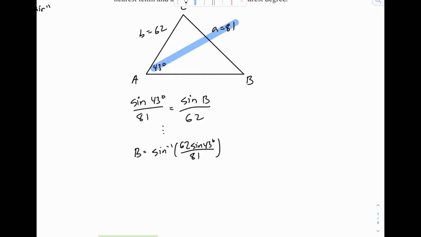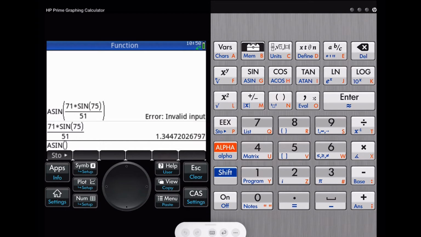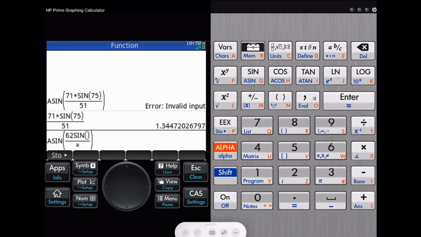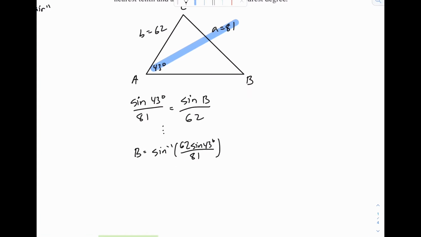Okay, now you type this in your calculator. So let's try that. Sine inverse of 62 sine 43 over 81, 31.5 degrees. So B equals 31.5 degrees.